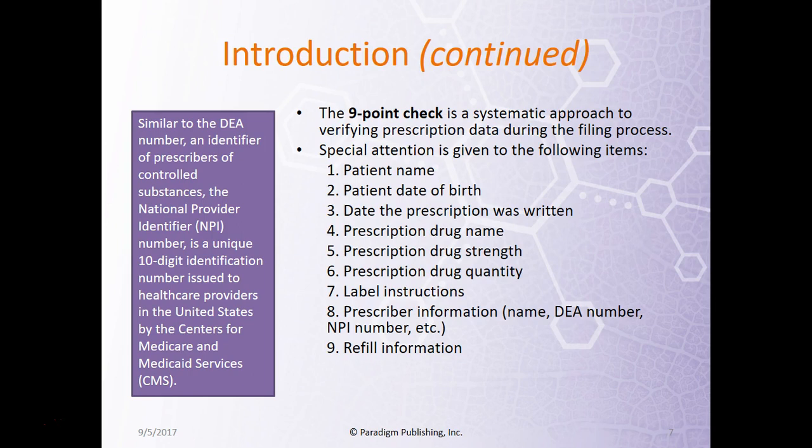Now, an NPI is a National Provider Identifier, and it's a unique 10-digit identification number that's issued to healthcare providers in the U.S., and it's provided by the Centers for Medicare and Medicaid Services. So if it's going to be reimbursed with Medicare or Medicaid, the prescriber has to have one of those NPI numbers. Going through, these are checking for what's on that prescription to make sure that all of the information is there.